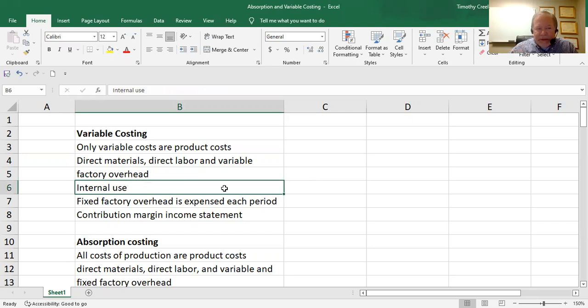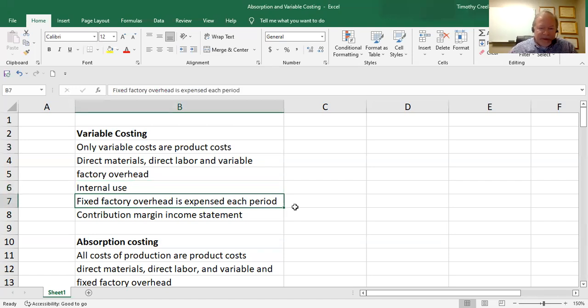Now, one distinguishing thing with variable costing is it can be used only for internal use. It's very helpful for internal uses, but anything reported using variable costing cannot be reported on any external financial statements or external reports.